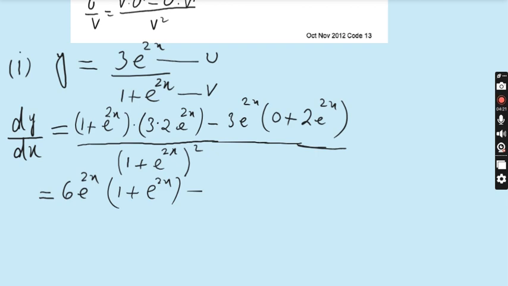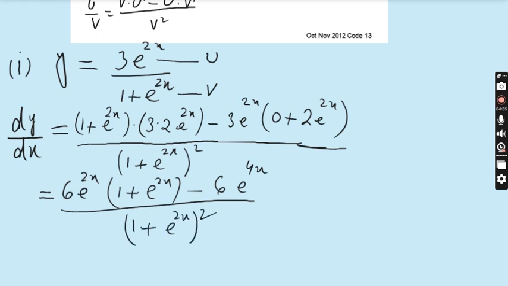The answer is 6e^2x plus 6e^4x minus 6e^4x upon (1 plus e^2x) square.